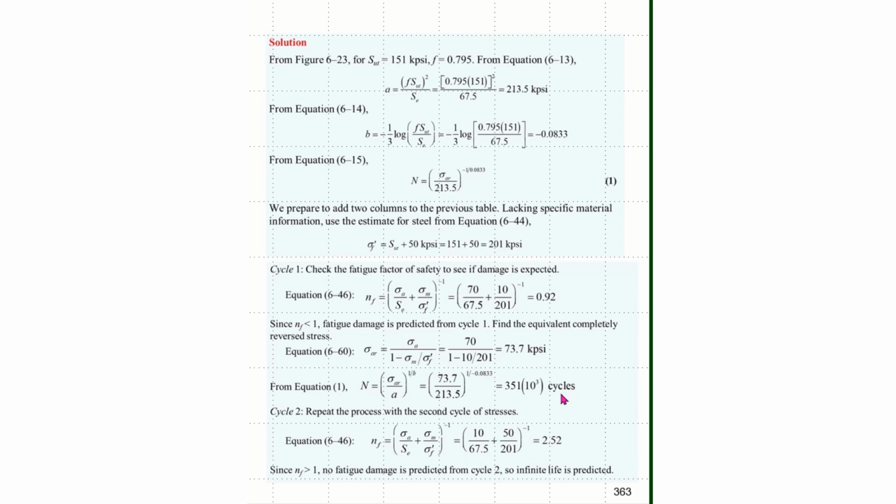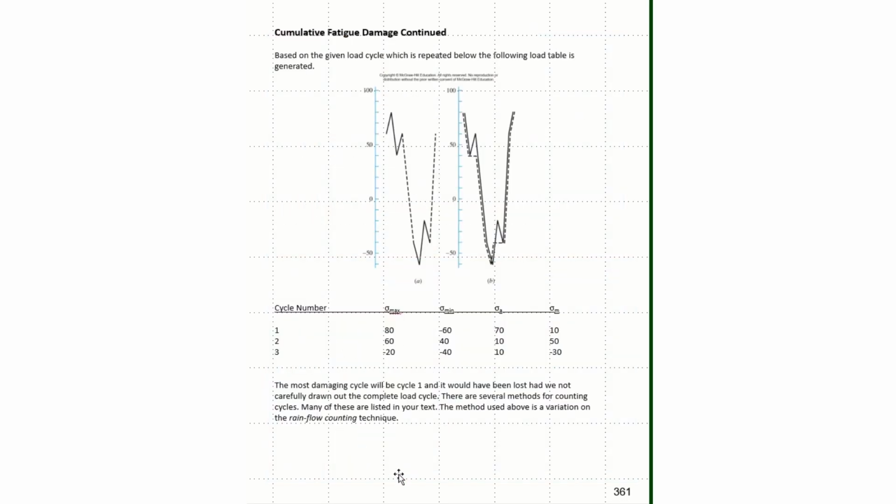Now I need to repeat this process with the second cycle of stress. So I'll come down here and use my Goodman equation, and I see here that my safety factor is greater than 1. It's 2.52, so no fatigue damage will be expected from cycle 2. So from cycle number 1, we can see that fatigue damage was expected.